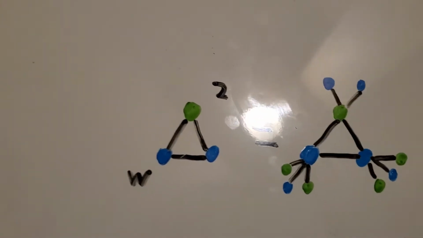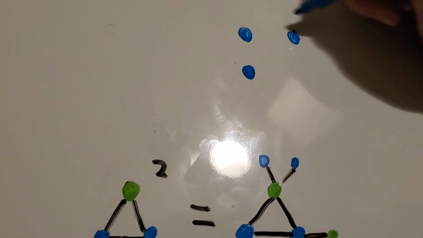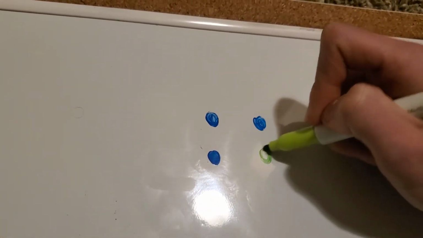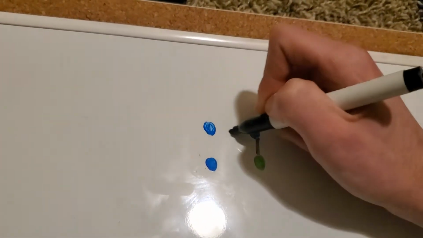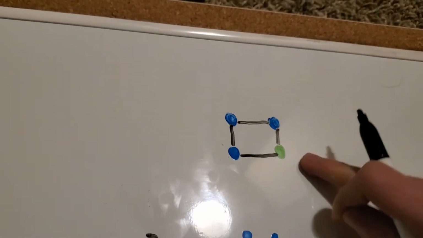And you can keep doing that with different shapes that contain a shape with n nodes, two connections between each node, and n minus one blue nodes and one green node.